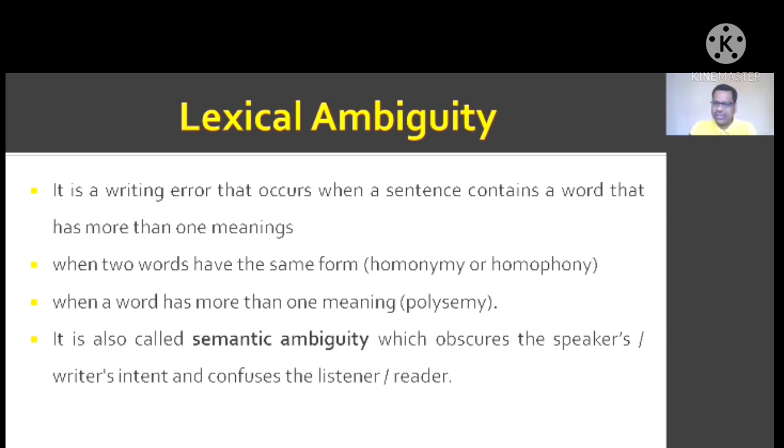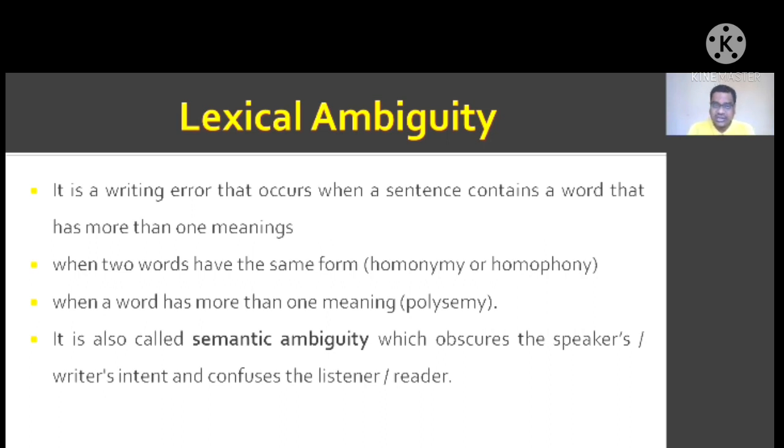So we come across a number of words while using English. When two words have the same form, maybe the homophone or a homonym, or when you have a word that has more than one meaning, called polysemy, all these words definitely lead to a kind of confusion in the mind of the listener or reader.